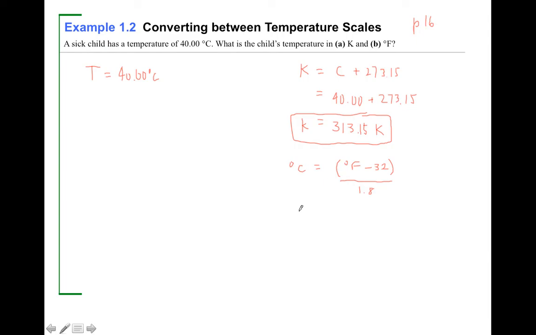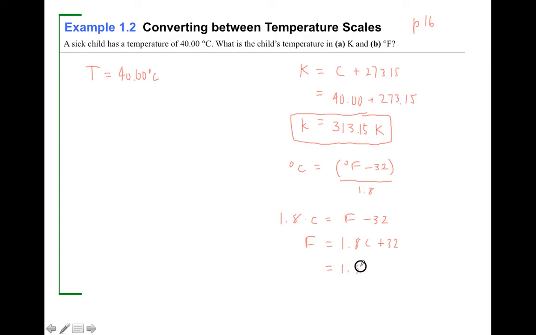Okay? Well, we're looking for Fahrenheit, so I have to rearrange this equation. I'm going to say 1.8 times C is equal to Fahrenheit minus 32. And I'm looking for Fahrenheit, so Fahrenheit then is going to be 1.8 C plus 32, right?